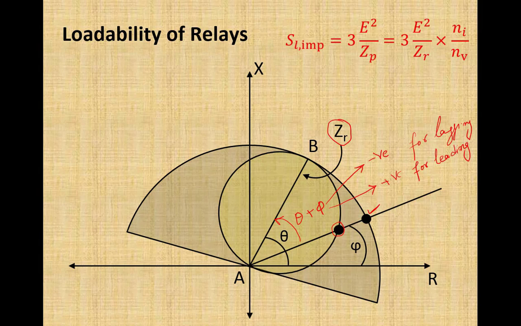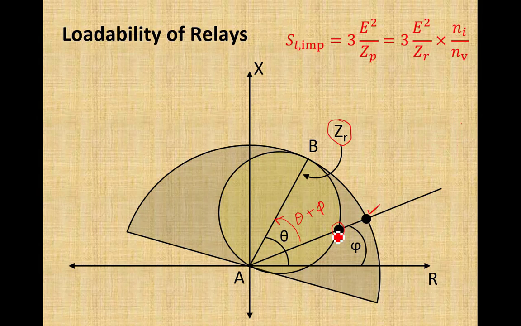We treat that impedance angle, or power factor angle, as negative, so that would automatically become theta minus phi. And if the power factor is leading, then this line of impedance will move into the fourth quadrant. So that will automatically make this angle theta plus the angle phi.